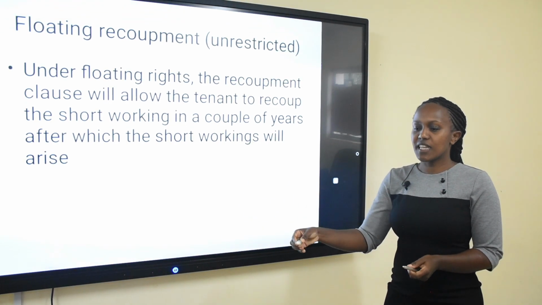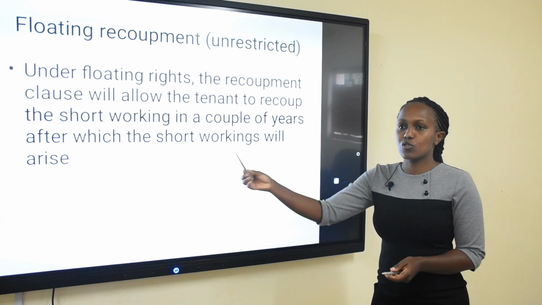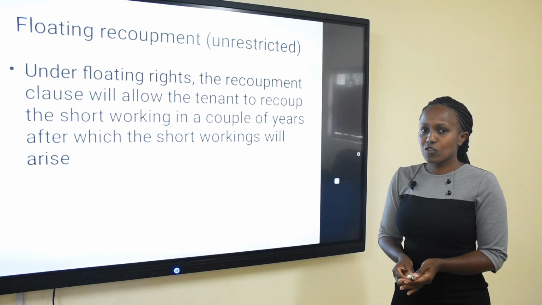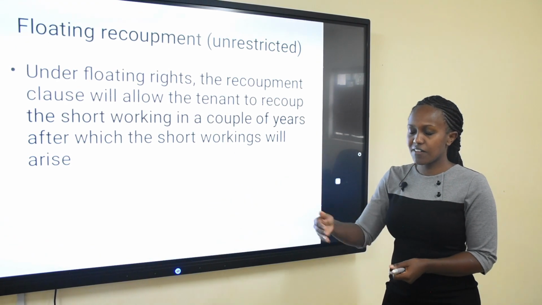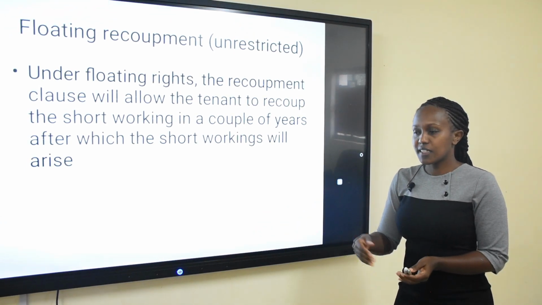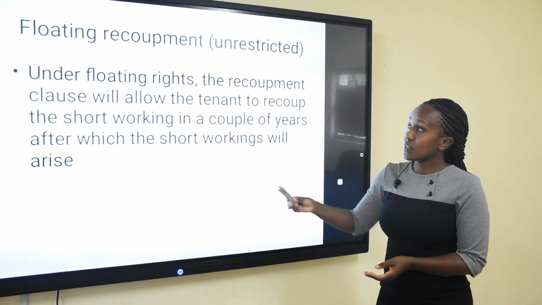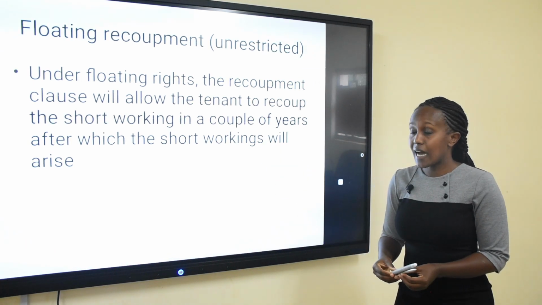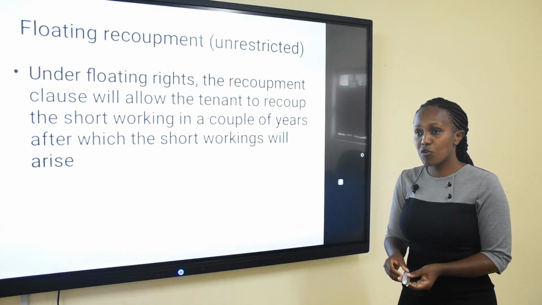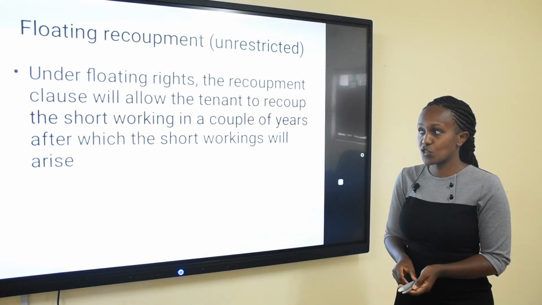The short working of the second year can be recovered in the next 2 years. So it fluctuates so that short workings of 1 year can be recovered in the next 2 years, the second year recovered in the next 2 years, like that. So this floating recoupment allows the tenant to have more time to be able to recover his short workings in the future.